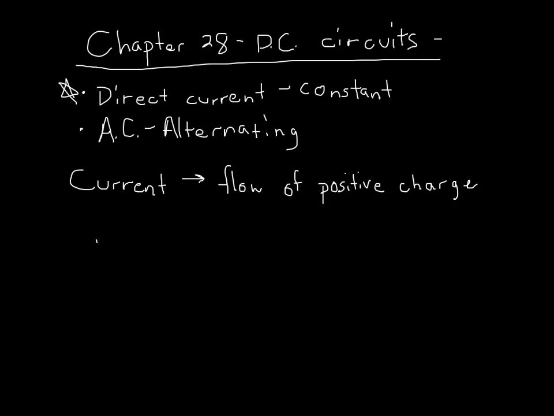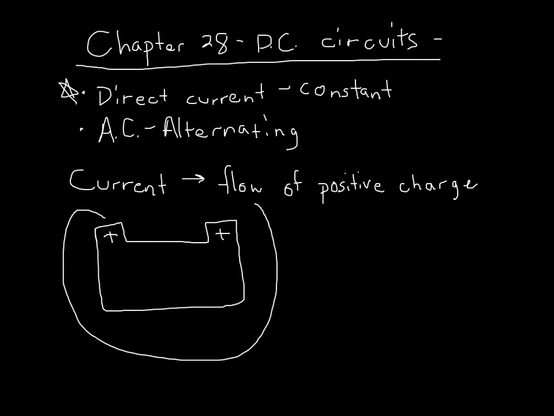So if we draw a battery with a positive terminal and a negative terminal, and we connect the sides of this battery, connect a wire going from the positive all the way over to the negative. If we look at the direction that the current goes, that's the flow of positive charges. The positive charges want to move away from the positive and towards the negative. So the current is going to flow from positive to the negative.